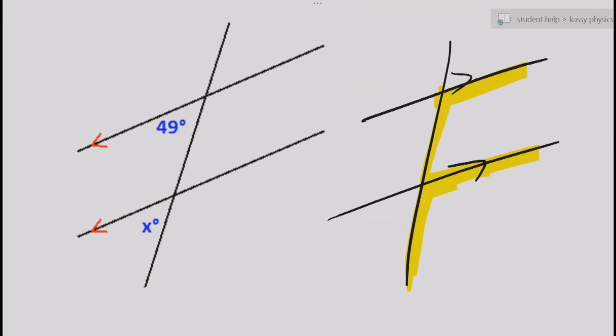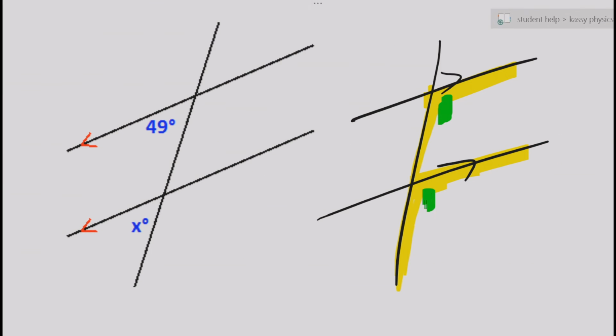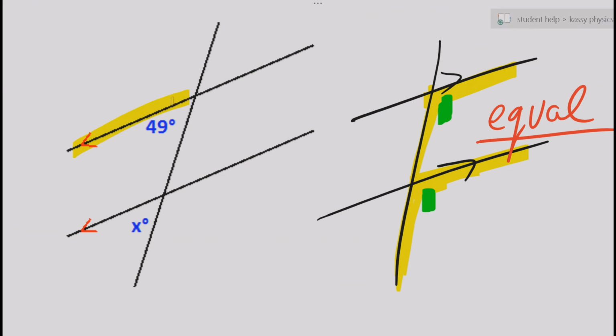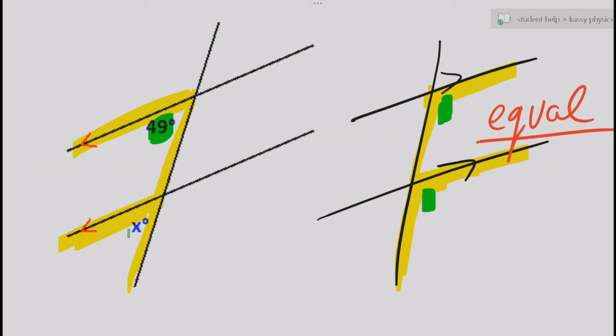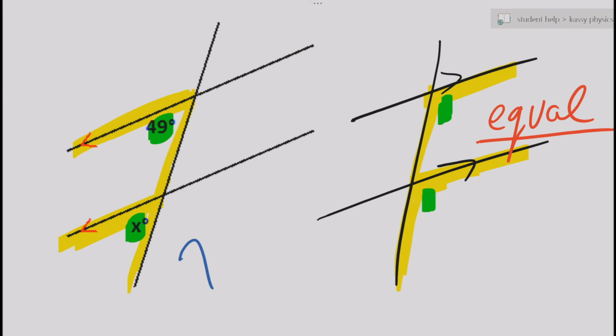And when we find the F-shaped pattern, this angle and this angle are equal. Well, if that's true, then we can look here, and 49 degrees and x have to be equal to one another, so x equals 49 degrees.